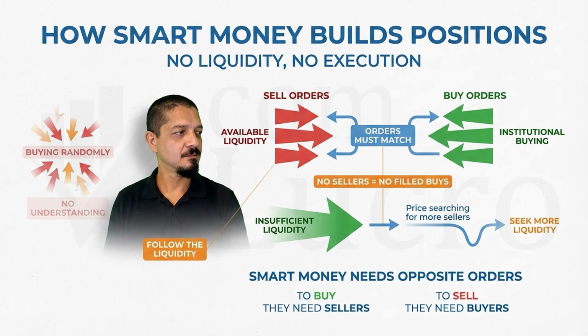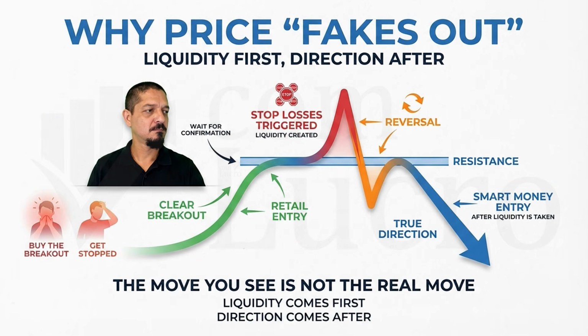To execute that position, they need sufficient liquidity, meaning a large number of participants willing to take the opposite side. Without available sellers, buy orders cannot be filled. This is why the market often moves in a way that triggers existing stop-loss orders, providing the liquidity needed for these larger players to enter or exit positions.